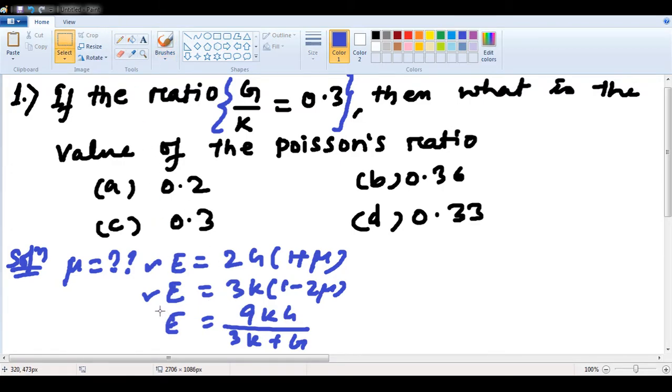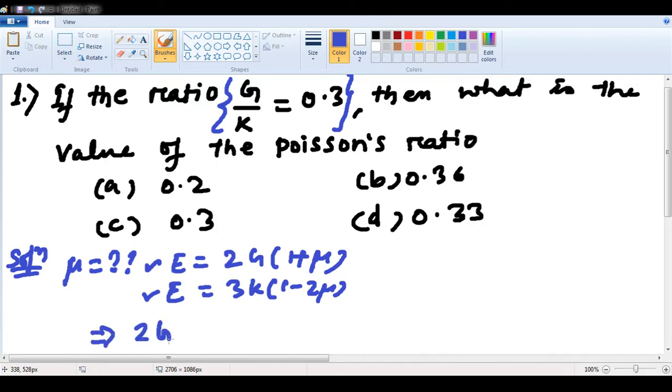If I use these two equations, what I see is the left hand side is common, that is E is common, therefore I can write 2G(1 plus mu) is equal to 3K(1 minus 2 mu). Left hand side is same, that's why.